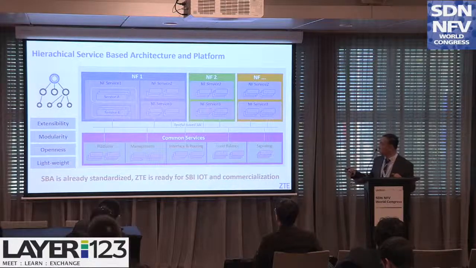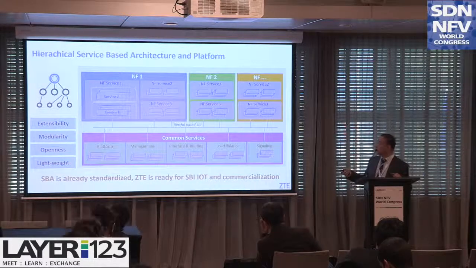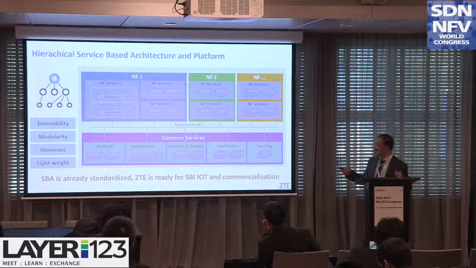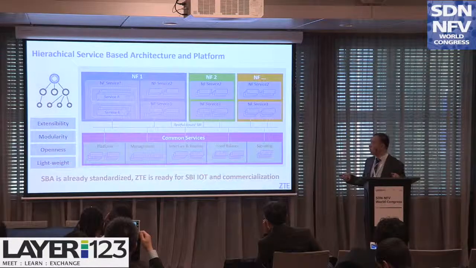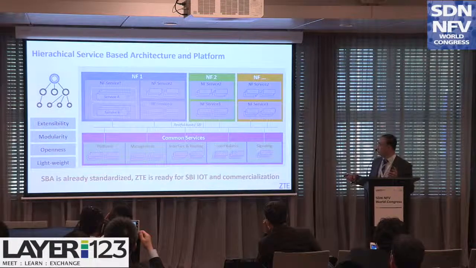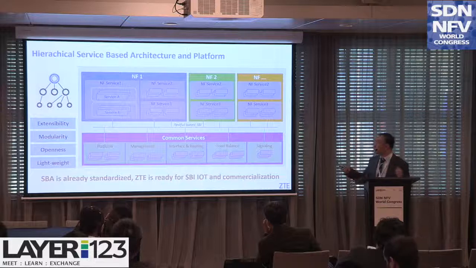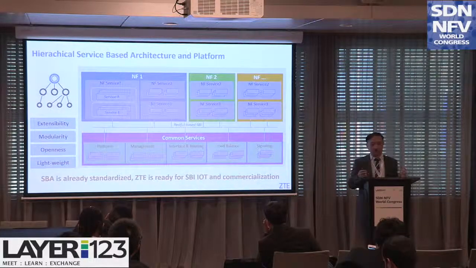The picture shows our hierarchical service-based architecture for the platform. This is a standard one. We have common services, platform management, interface routing, load balancing, signaling, and network functions, as I just mentioned.